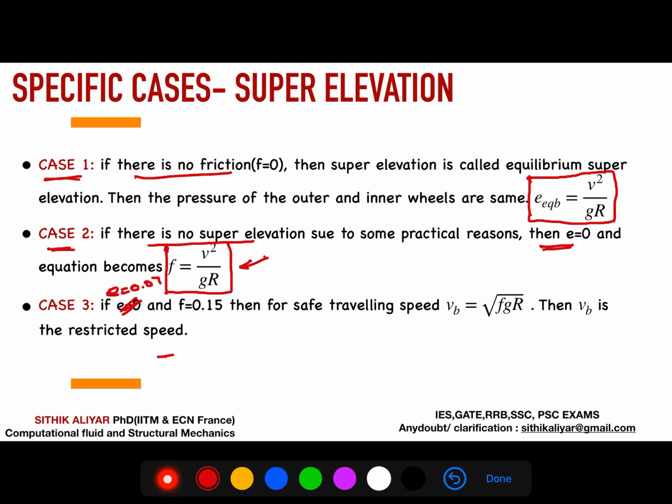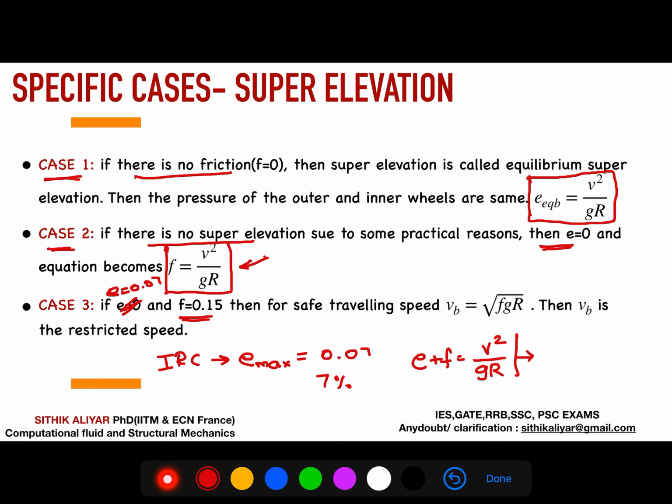Now consider E equal to 0.07. IRC, as we will see in the coming one or two slides, has suggested the maximum super elevation you can provide is 0.07, not more than that, like 7%. If the super elevation is 7% and the maximum friction IRC suggests is 0.15, then E plus F equals V square by gR, which will give you the allowable speed.